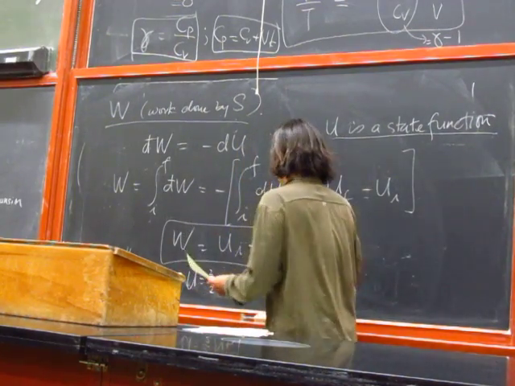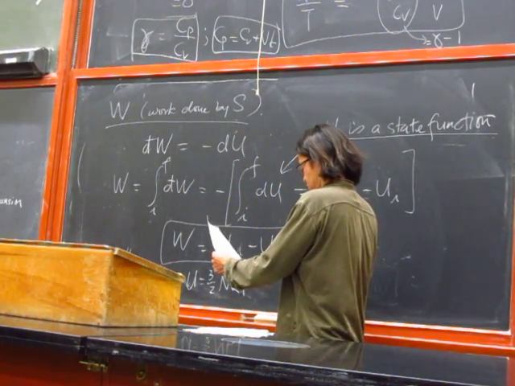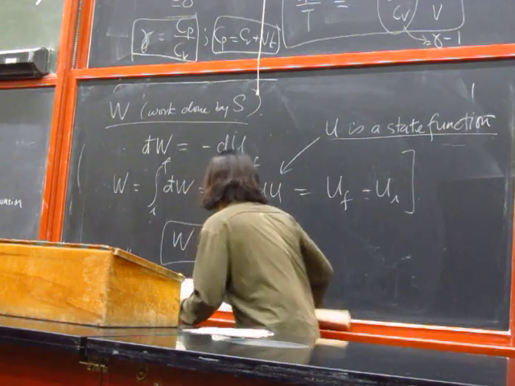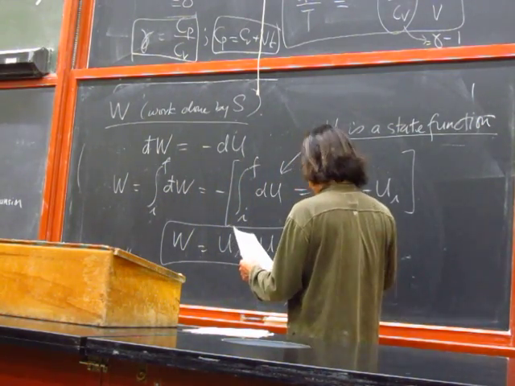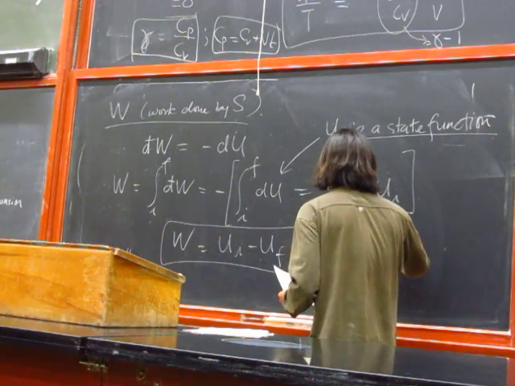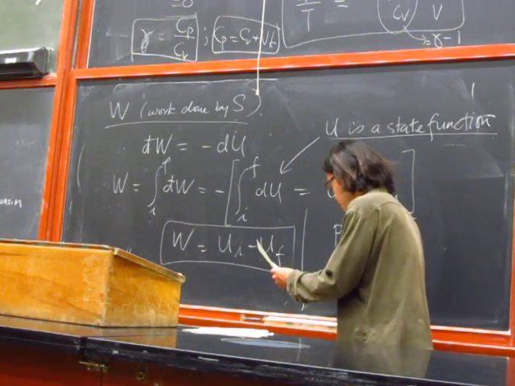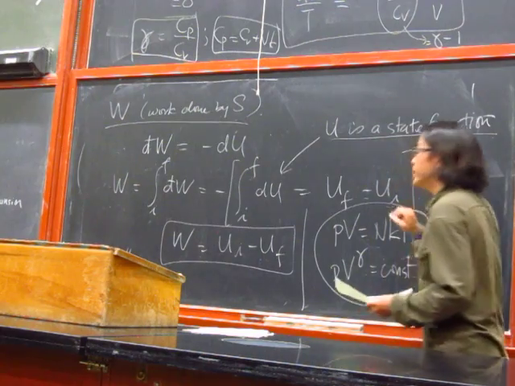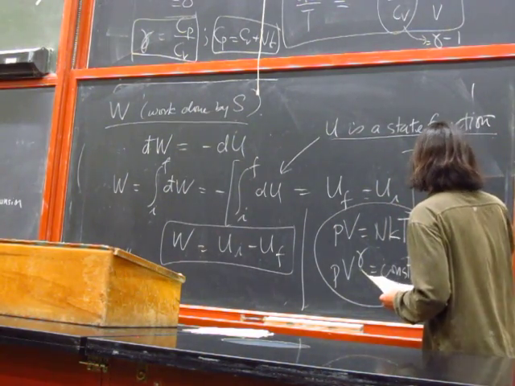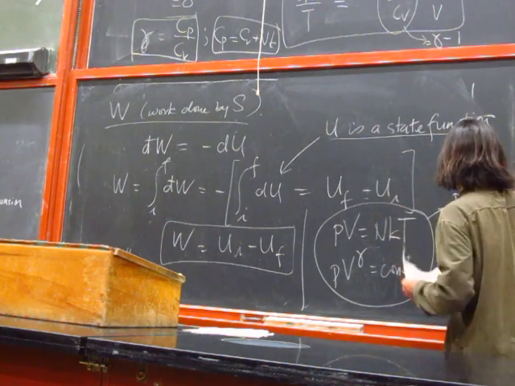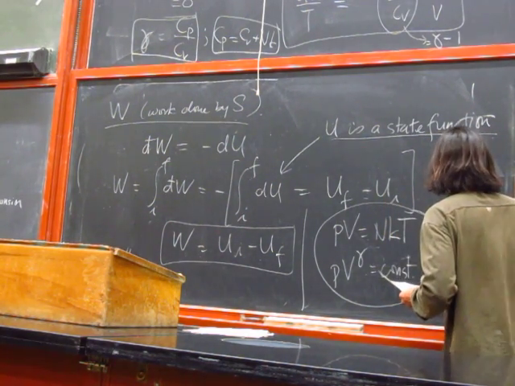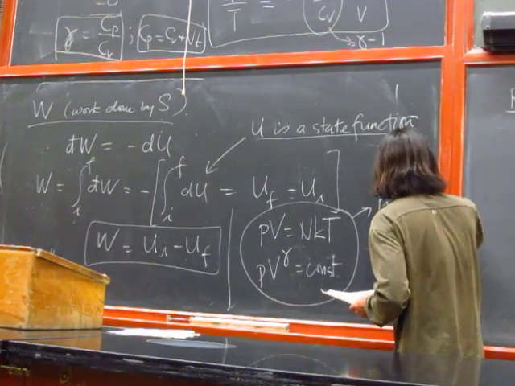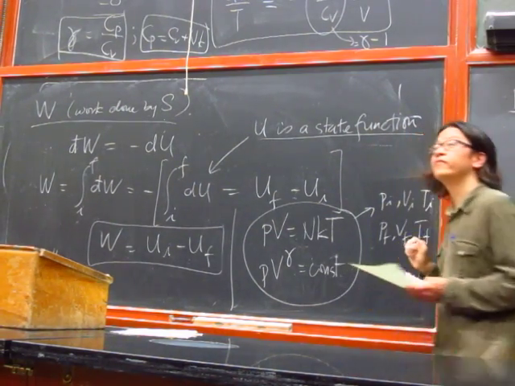Then we know the equation of state, PV equals NkT, and we know PV^gamma is equal to a constant. These equations are enough for you to find P_i, if you're given all the right variables, P_i and P_final, or a combination of 3 out of 4, then you can always find P_i and P_f.